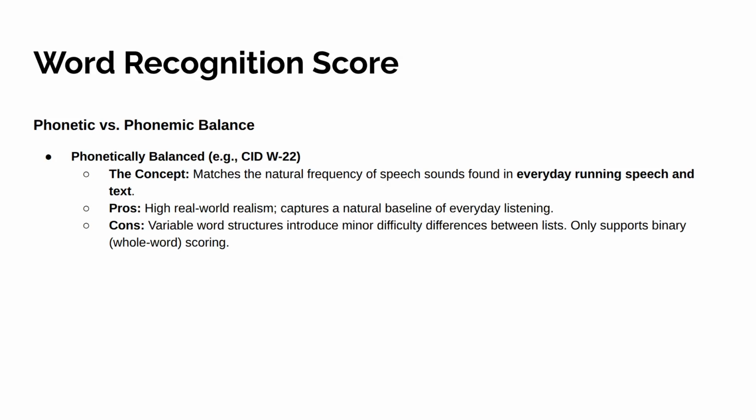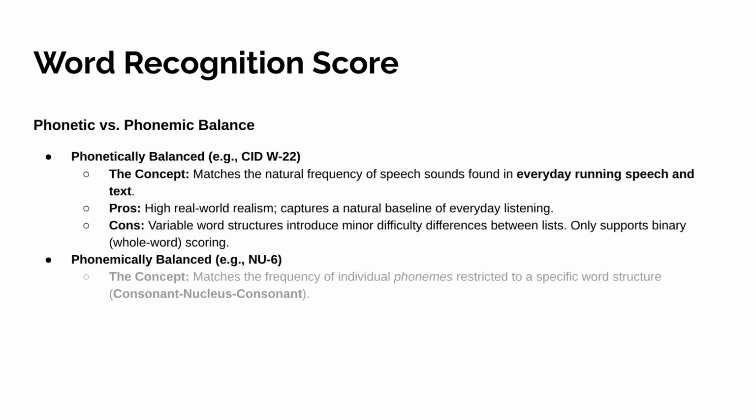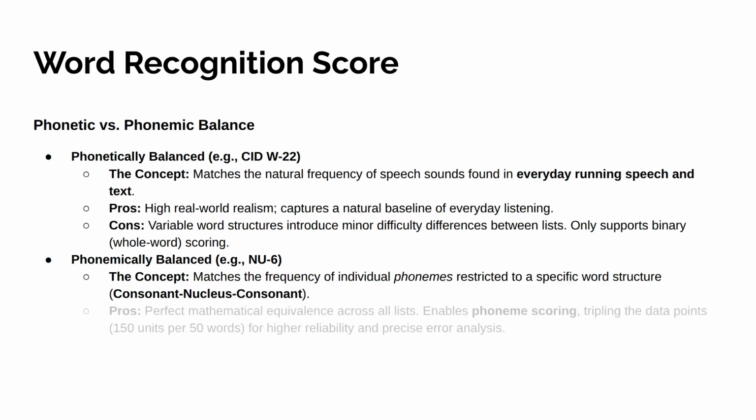So I mentioned you can do phoneme scoring. You have to do that with phonemically balanced lists like the NU6. The concept is you match the frequency of individual phonemes restricted to a specific word structure, consonant, nucleus, consonant, CNC, otherwise known as CVC, consonant, vowel, consonant.